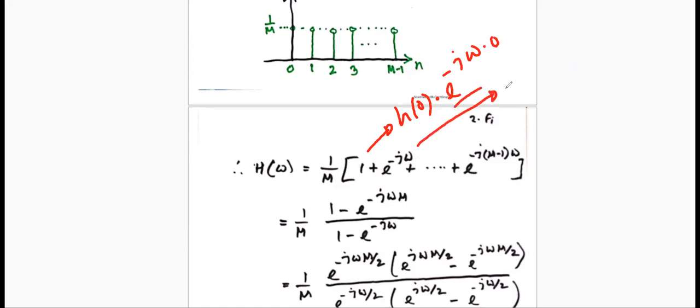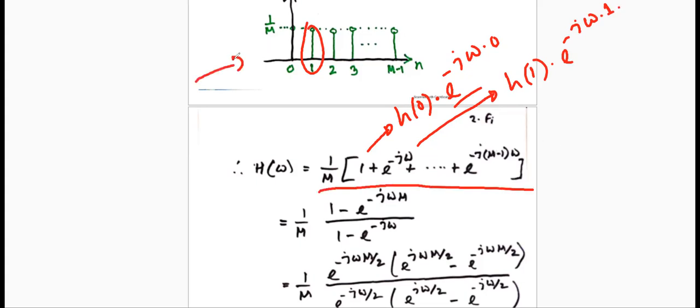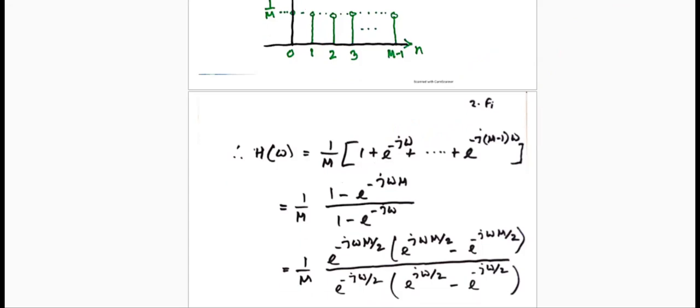In this section, this is h1, and e to the power minus j omega into 1. Similarly, you can go through and you can write this equation from these time domain sequences straightforward. So now we are in the frequency domain. That means we have done the Fourier transform.